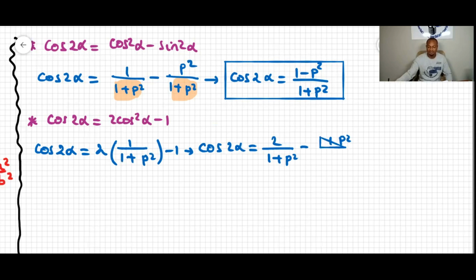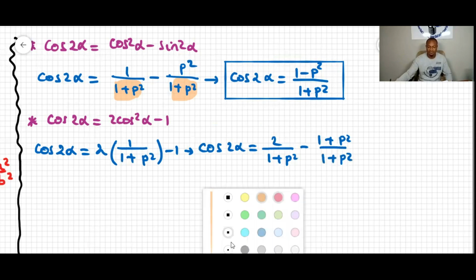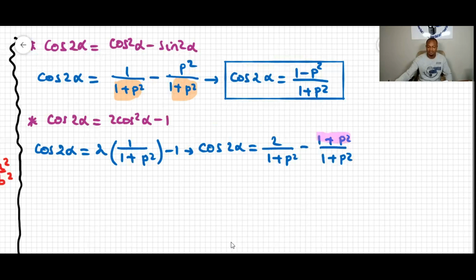Minus 1 can be written as 1 plus p squared over 1 plus p squared, because all this is just 1. You can write 1 this way. Now, because the denominators are the same, we can just add the numerators.